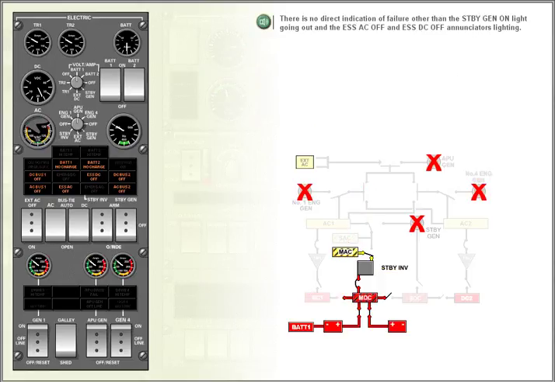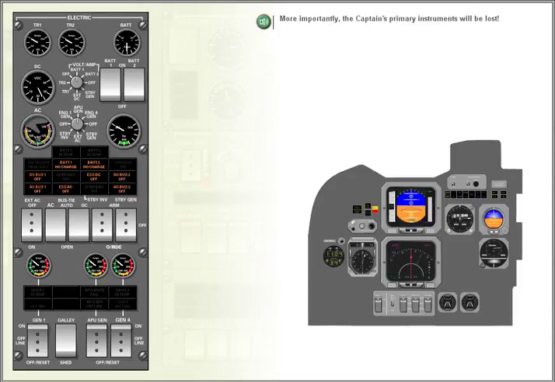There is no direct indication of failure other than the standby generator on light going out and the essential AC off and essential DC off annunciators lighting. More importantly, the captain's primary instruments will be lost.